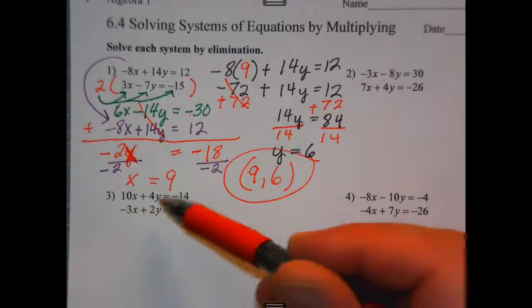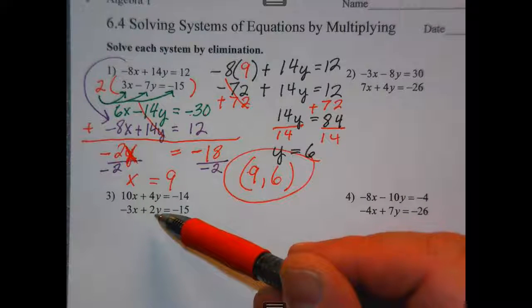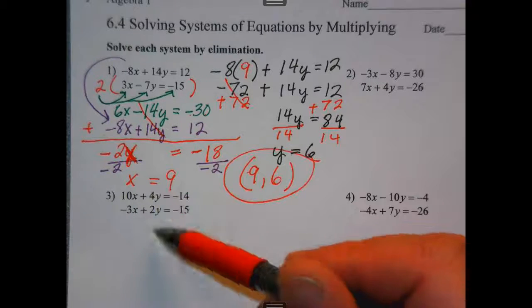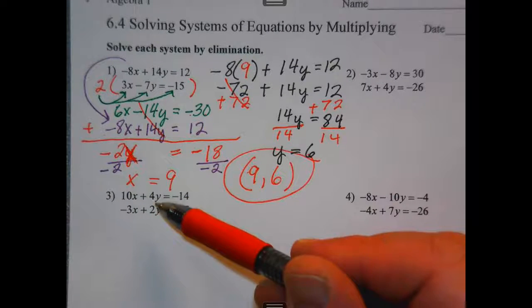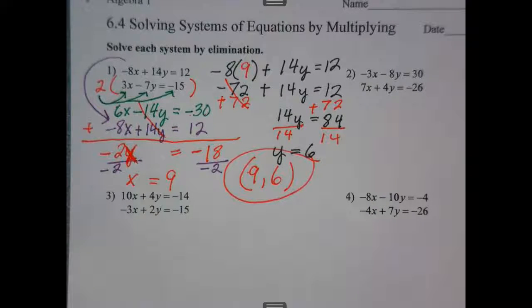Say I want to get rid of the y's, it would probably be easiest to multiply the bottom one by -2. That way when you add the two together, it will eliminate the y's. But just for fun, I'm going to eliminate the x's.